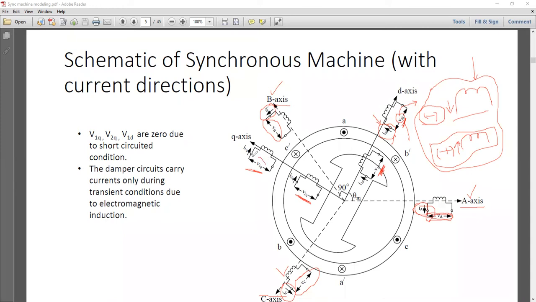What about 1Q, 2Q, and 1D? Remember, these are damper coils. These are not conventional type coils. So what do we actually do with the damper coils? Can anyone remember physically what is done with the damper coil terminals?